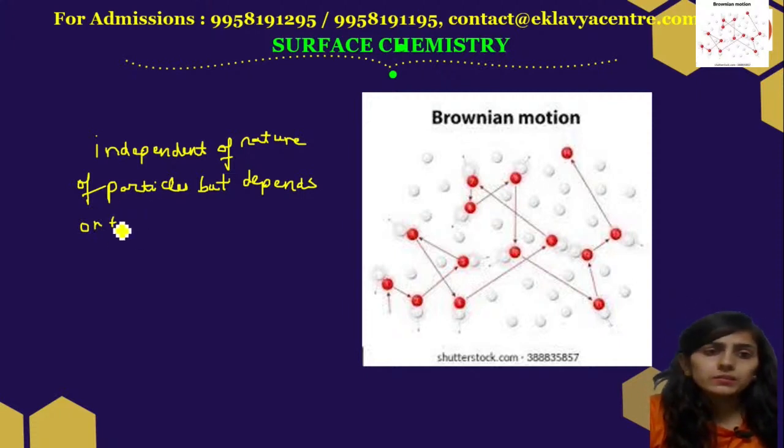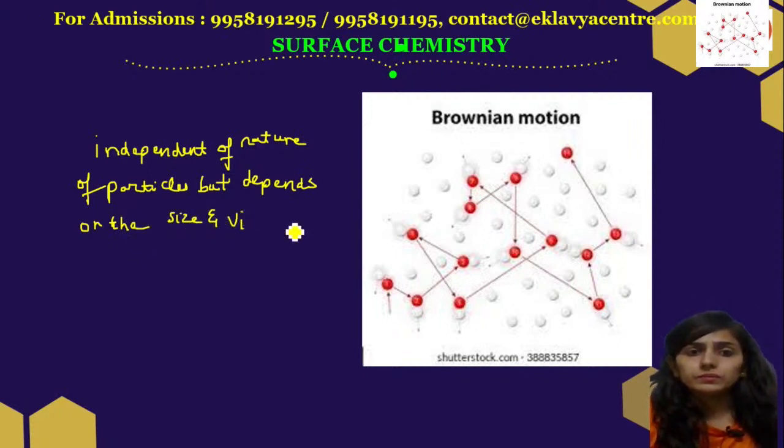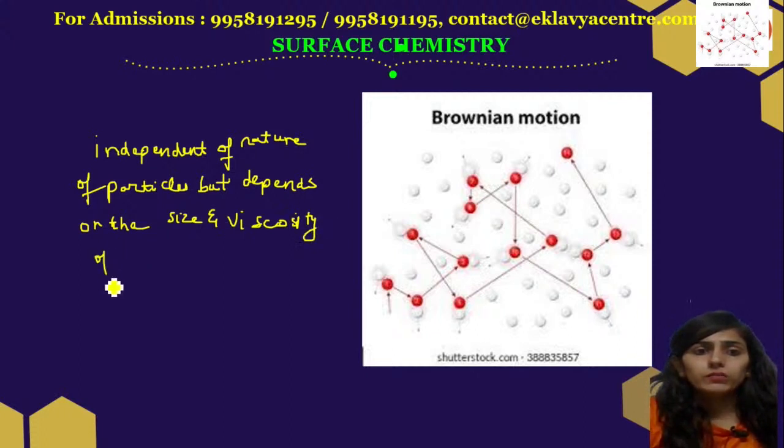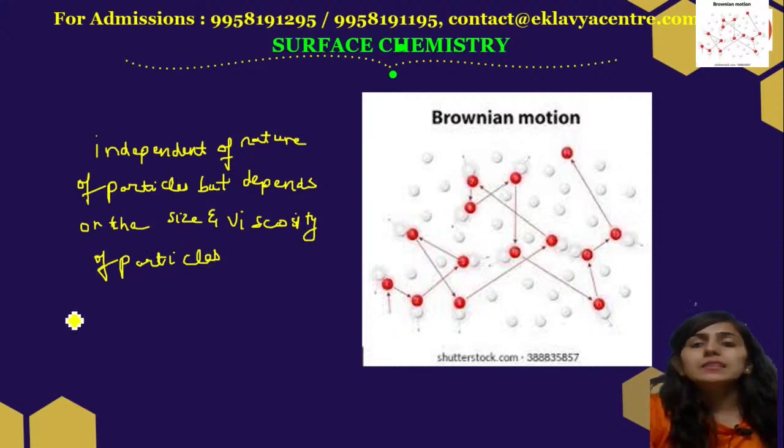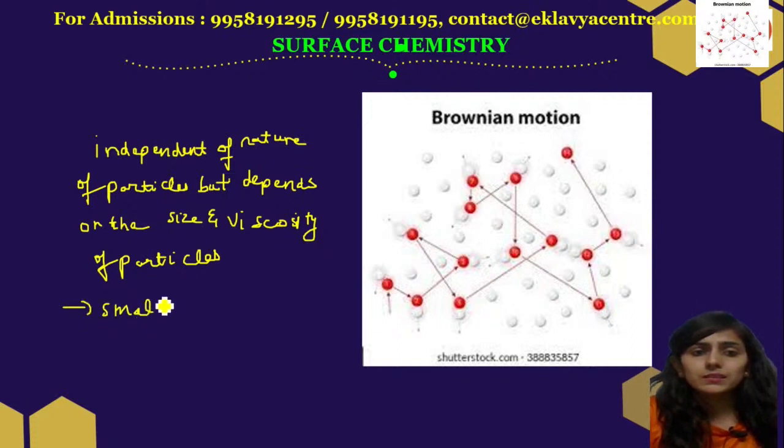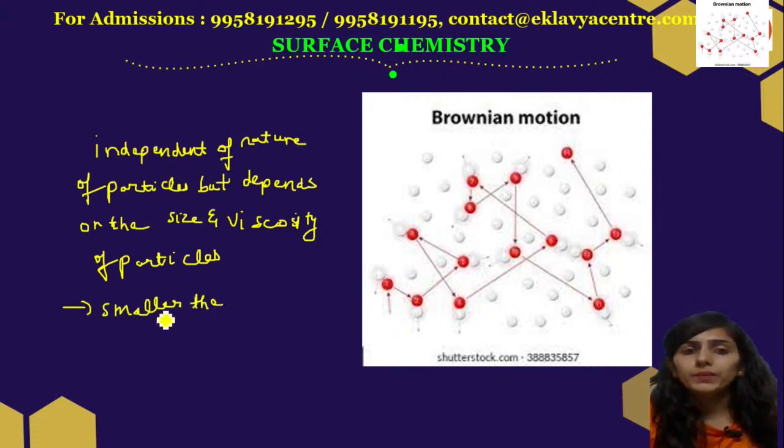It depends on size and viscosity. Now you tell me by yourself: if the size of the particles is smaller and the viscosity is lesser, what will be the movement?